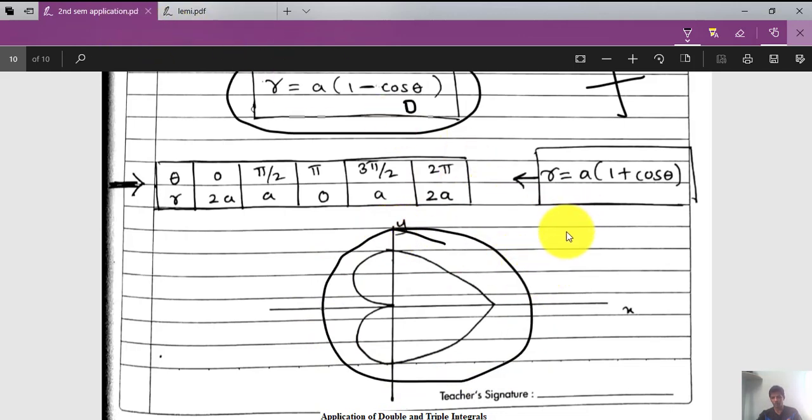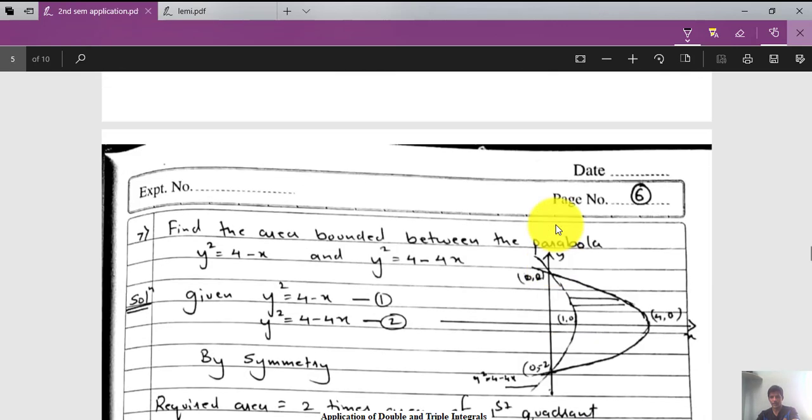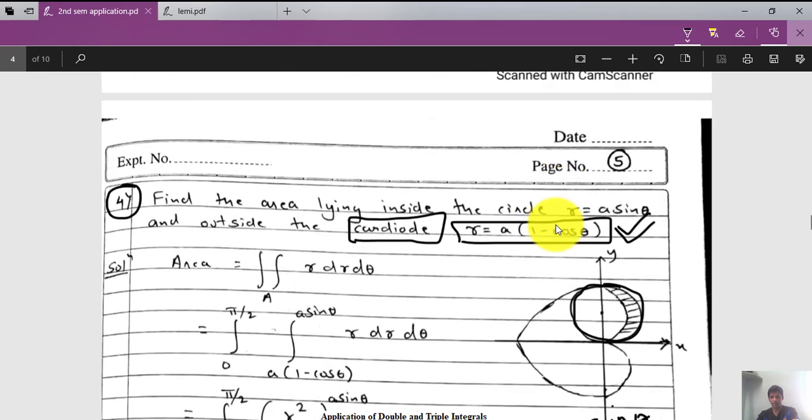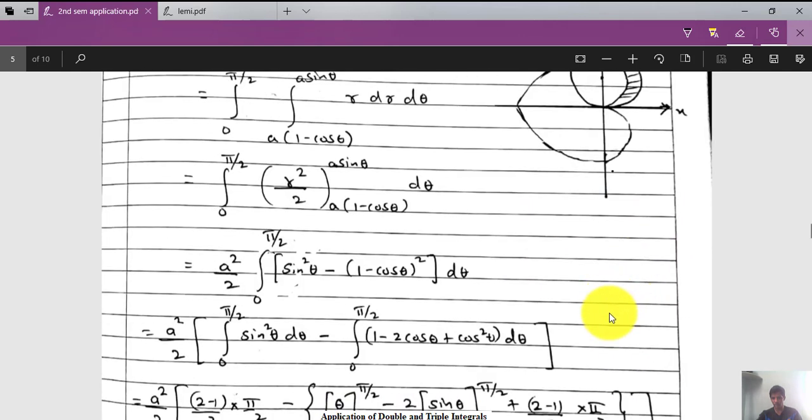So now coming back to the problem. This is the cardioid, r is equal to a(1 minus cos theta). If this is the rough sketch, let us see where my region is.